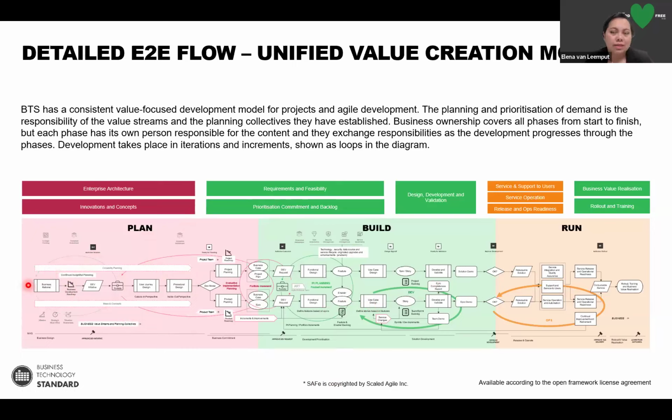The strength of the business technology standard is not just in having a very concise and unified model, but it can also be very adaptable. Business organizations nowadays are not traditional software developers, so one thing doesn't fit all, and they often have different development needs. The BTS actually supports this diversity quite well.